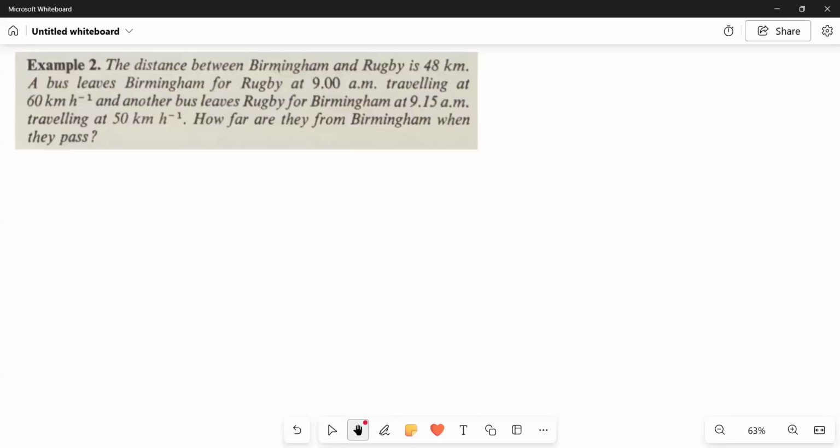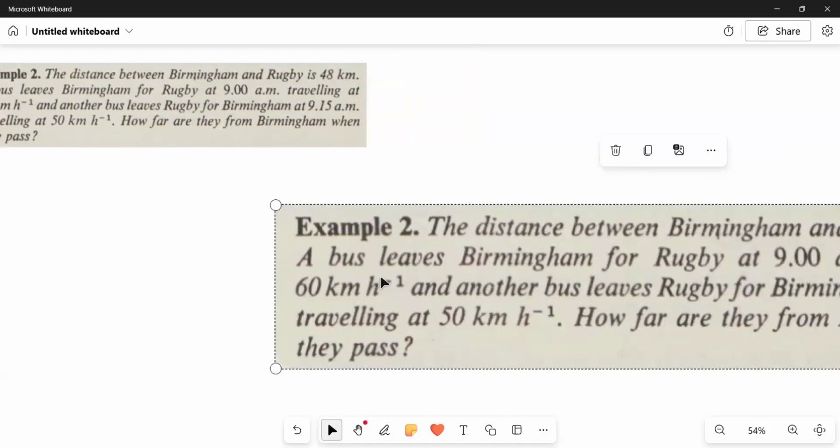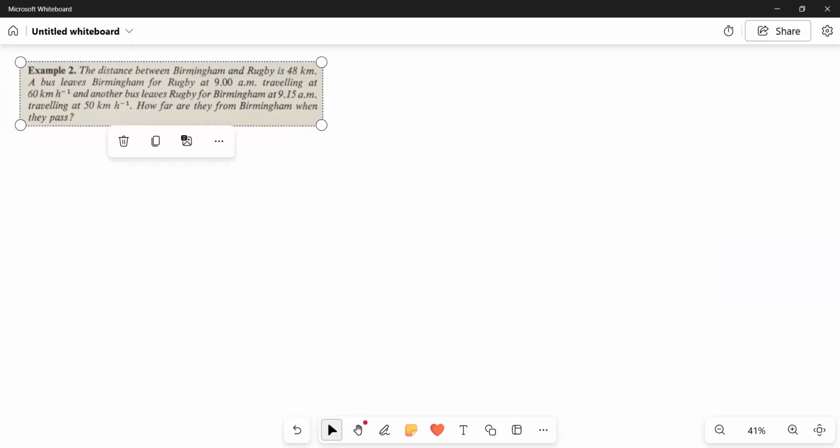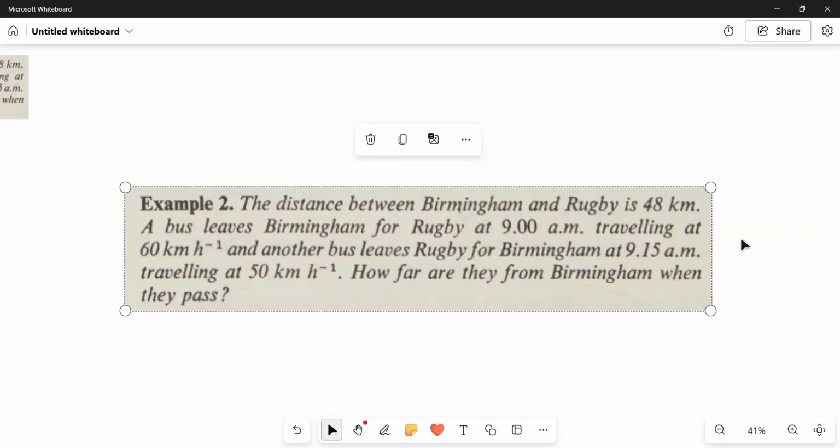Copy. All right. That's not it. What's happening there? Paste. No, it's pasting the same thing.